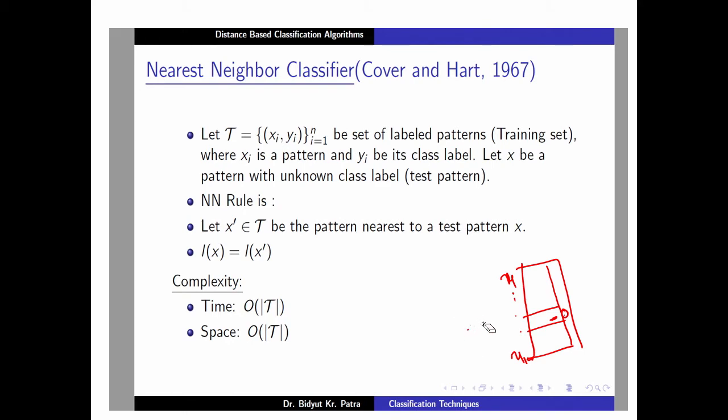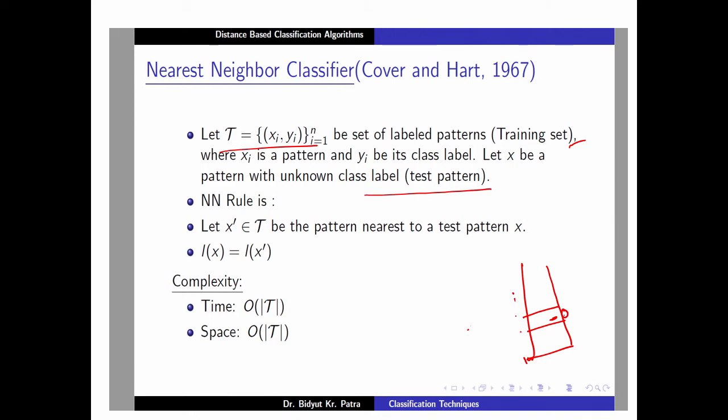So, this is the more formal way. T is the training data set, the set of labeled patterns, where x i is a pattern and y i is its class level. Each object should have a class level, and let x be the pattern with unknown class level.